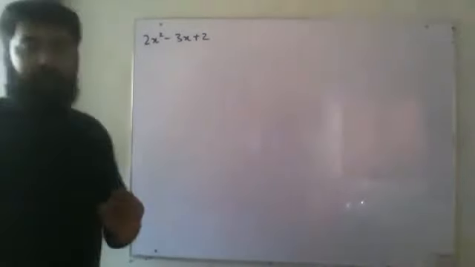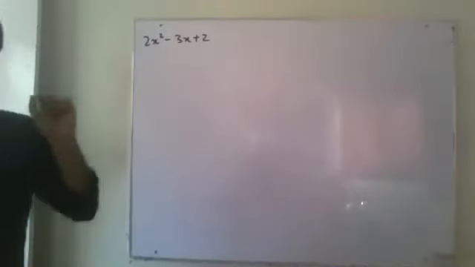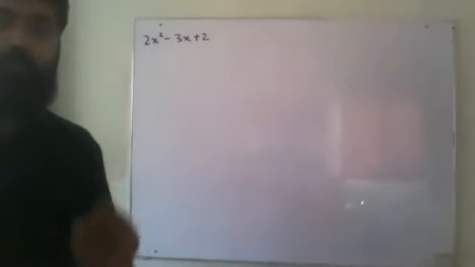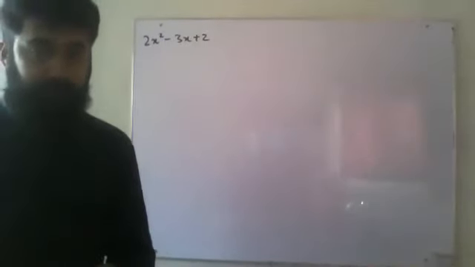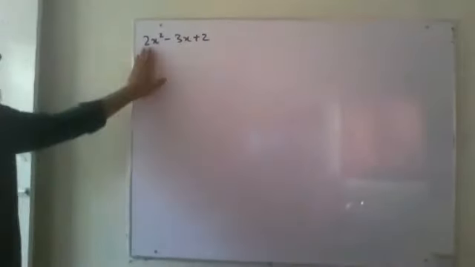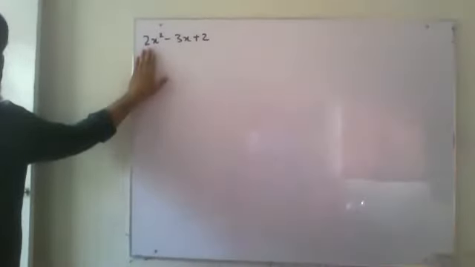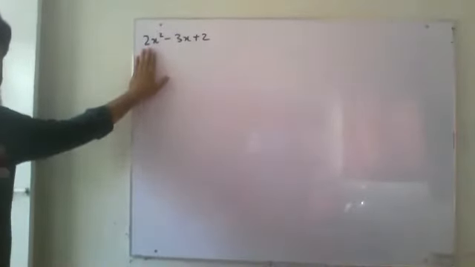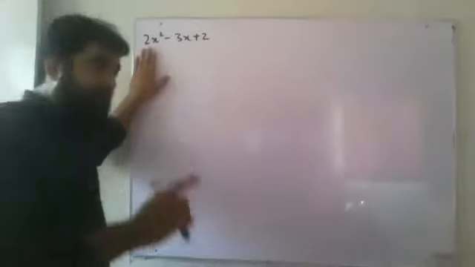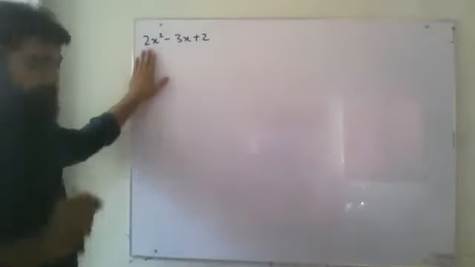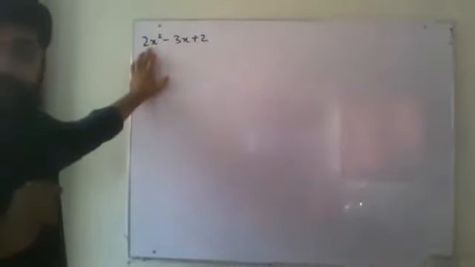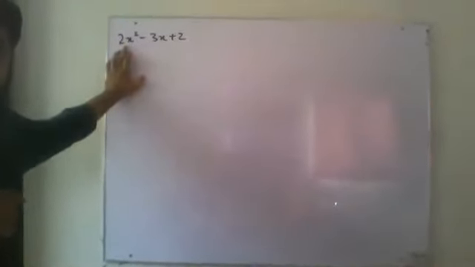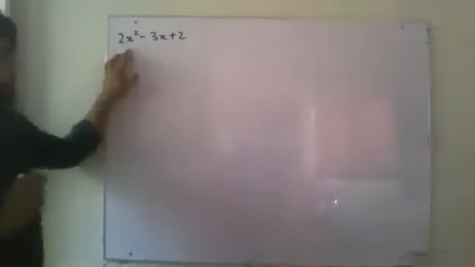The first step, which I have always told you, is that in the completing a square method, the coefficient of x square should be positive 1. Over here, it is 2. It is not 1, so I have to make it positive 1.